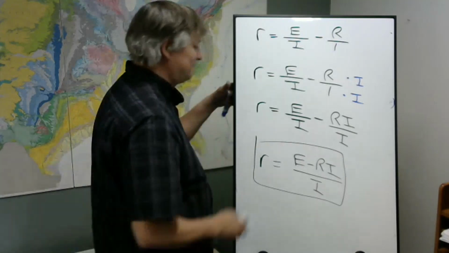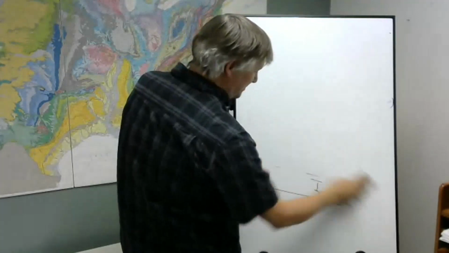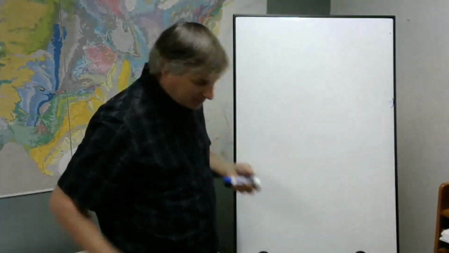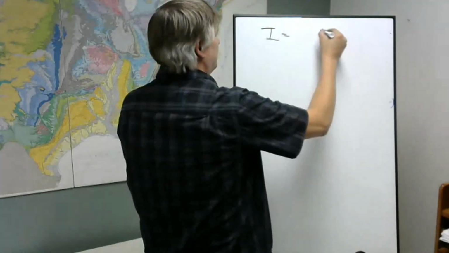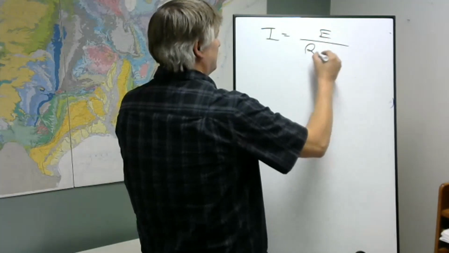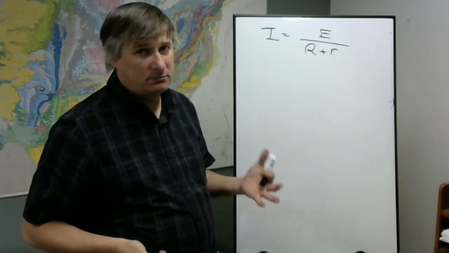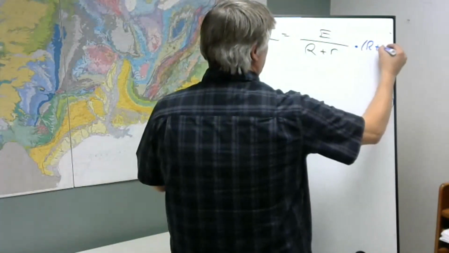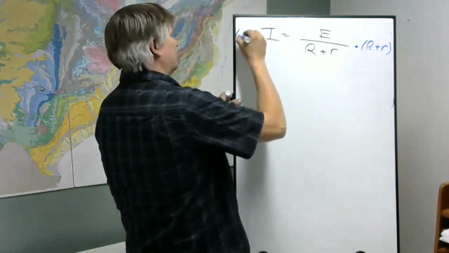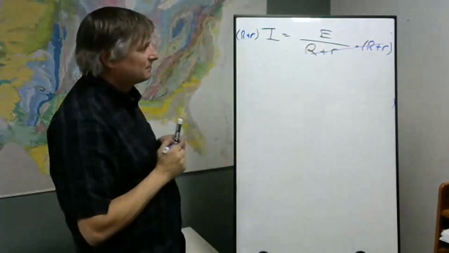There is another way. Now let's go back to this step. I'll solve it from the beginning. We got our I equals E over R plus r. Again, multiply both sides by R plus r. Those will cancel.